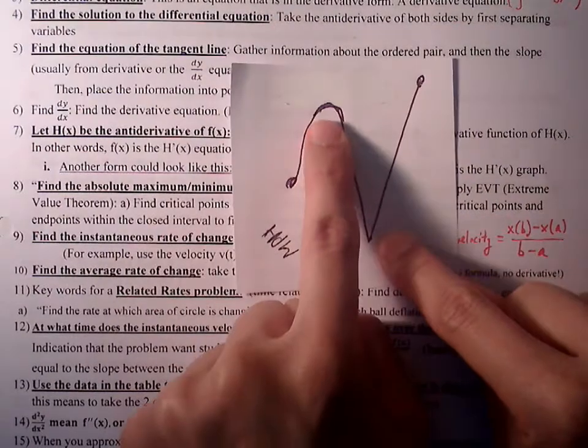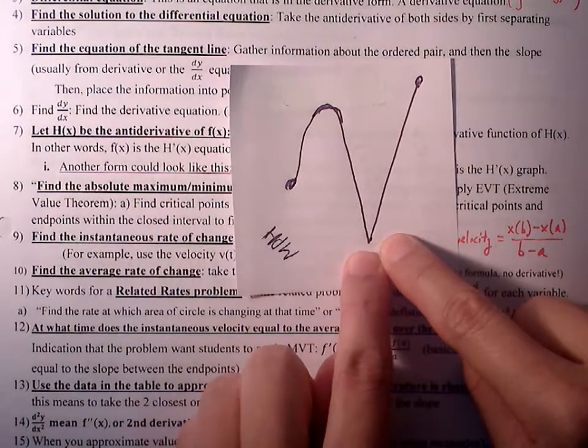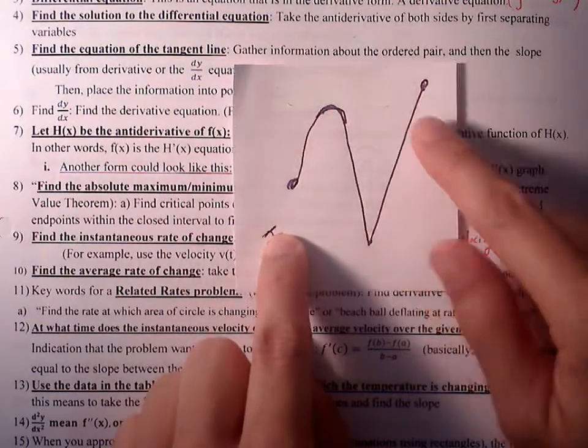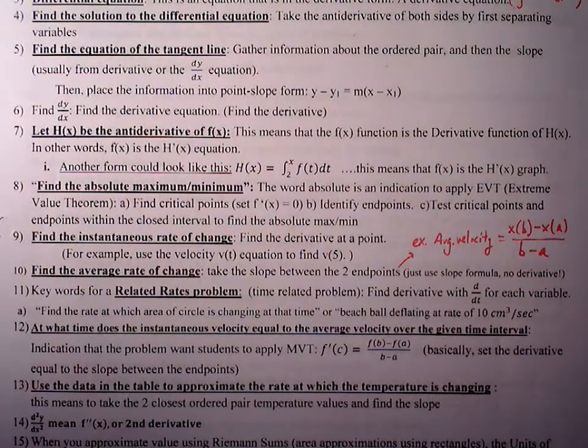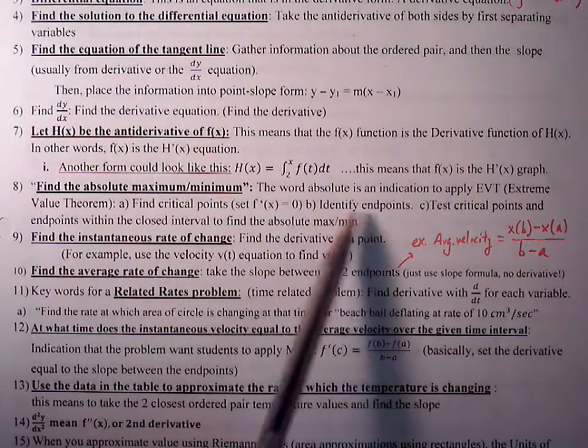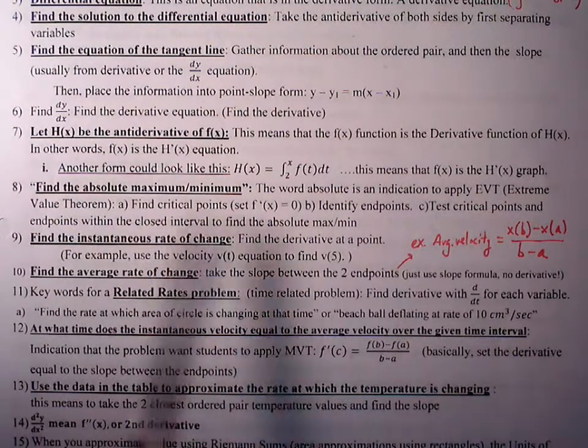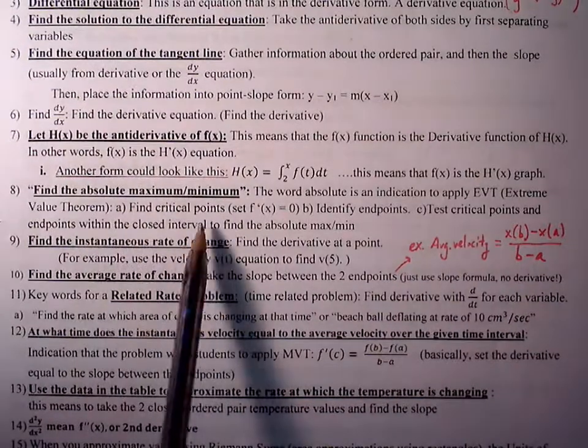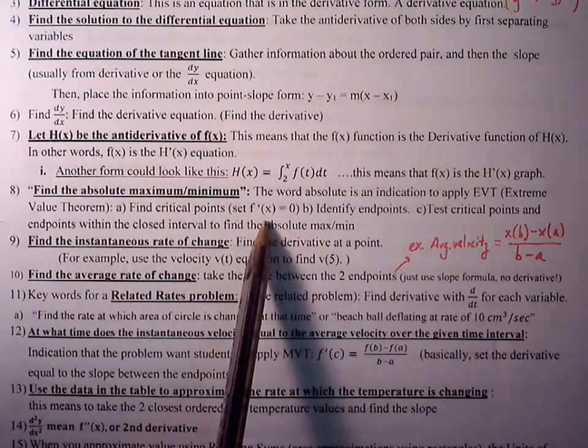Critical points are where f prime is equal to 0 or where f prime is undefined. Once we identify our critical points and endpoints, we plug them all back into the original equation, and whichever has the highest or lowest value is your absolute max or absolute min.